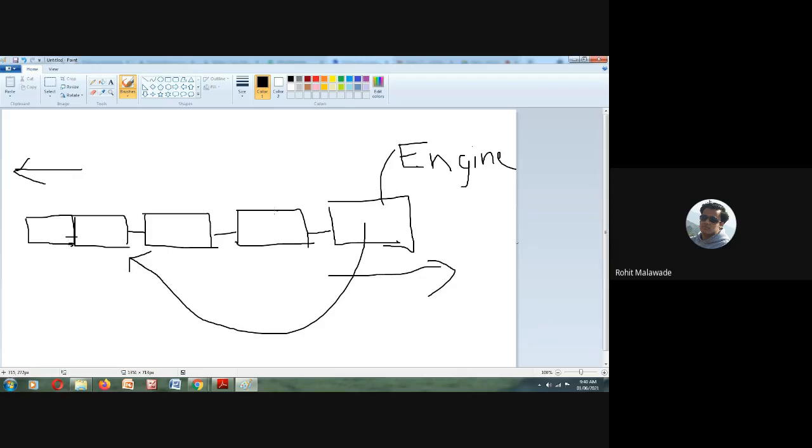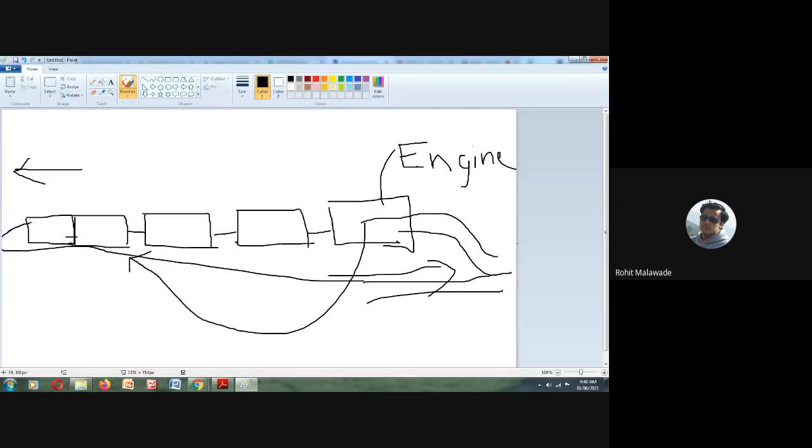In order to do that, this engine will be taken on this particular track, I will bring it here, and then I will attach it over here. This is done wherever there are railway stations with too many permanent ways.